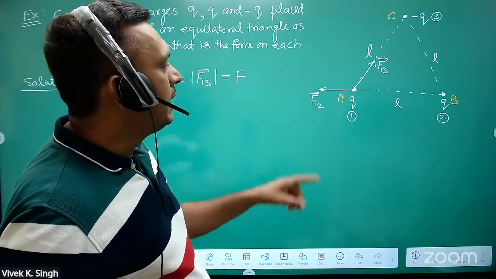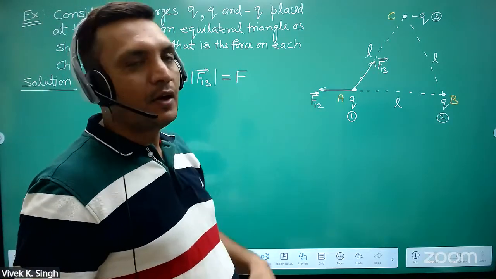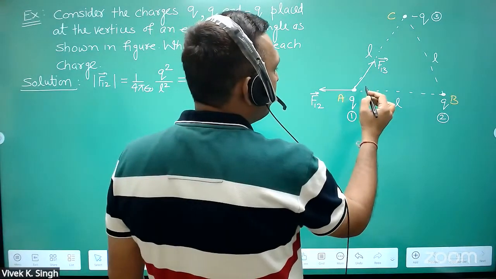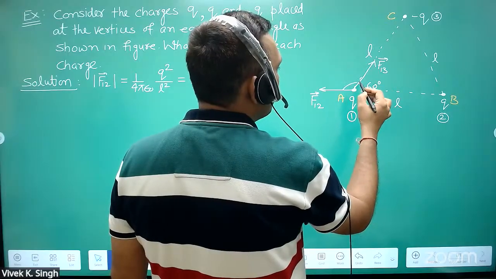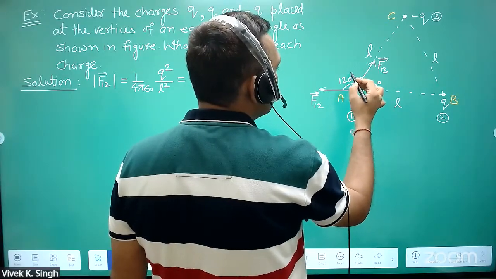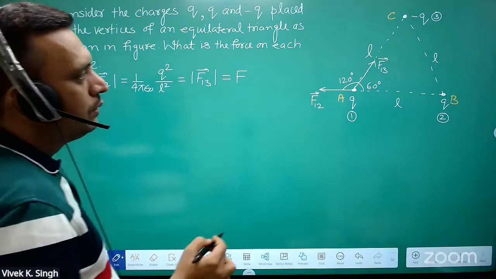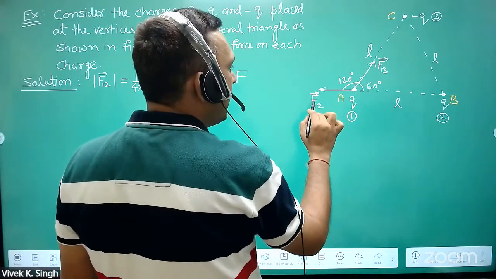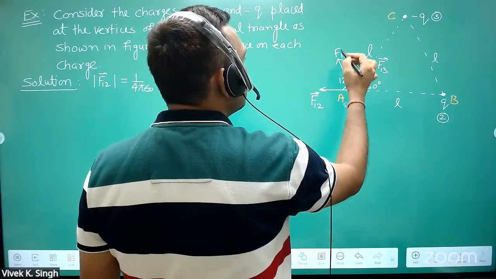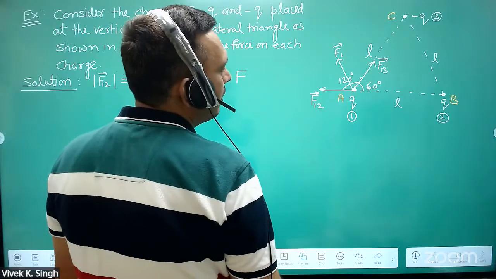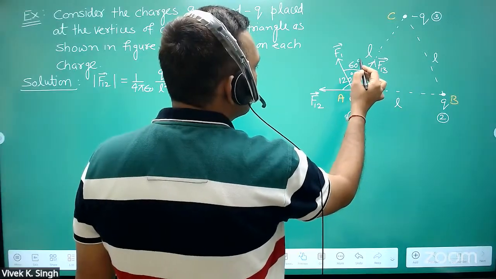So what will be the resultant of F12 and F13? How much is this angle? Because it's an equilateral triangle, this angle is 60 degrees, so this will be 120. Okay. So because the magnitude is the same, the resultant will be at, this is F1, and this angle will be 60 degrees.